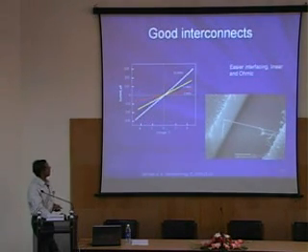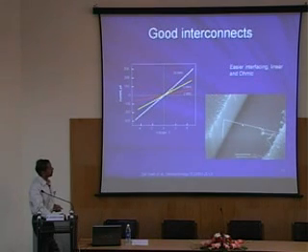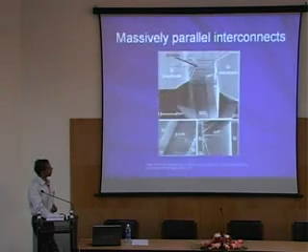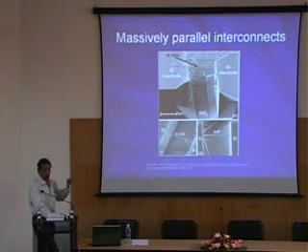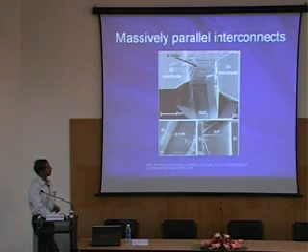I have shown here the IV characteristics of a single silicon bridge, and it has excellent linear properties. If I use bundles of these silicon nanowires, I can reduce the resistance of the bundles and use them as interconnects. This is another picture of how I can grow massively parallel interconnects on silicon substrates.